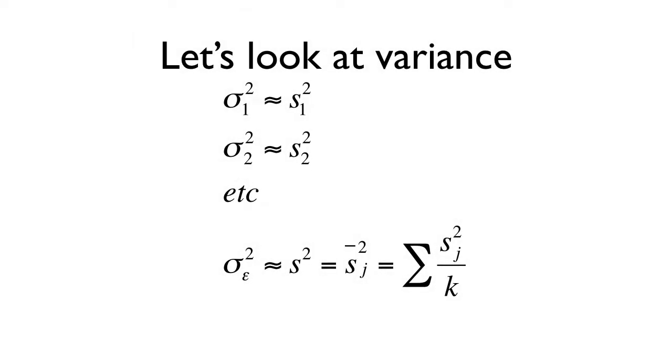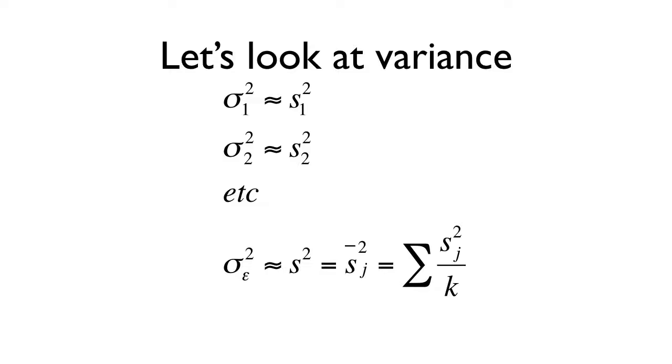Now let's look at variance. And now it's getting mathy. Sigma squared sub 1, that's the variance in the population for group 1, is roughly equal to s squared sub 1, the one we calculate, right? Because s squared is an unbiased estimator of sigma squared.